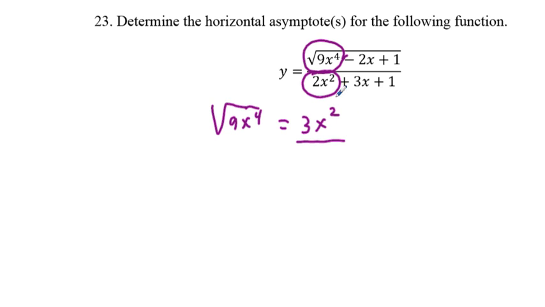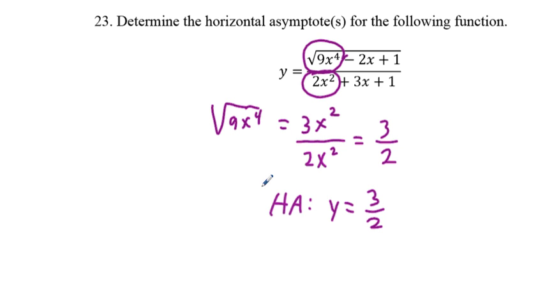So we're left with 3x squared over 2x squared, and that's bottom equals top, so use coefficients. Our answer is 3/2, so the horizontal asymptote is y equals 3/2. I'd like you to play around with your calculator on that if you like.